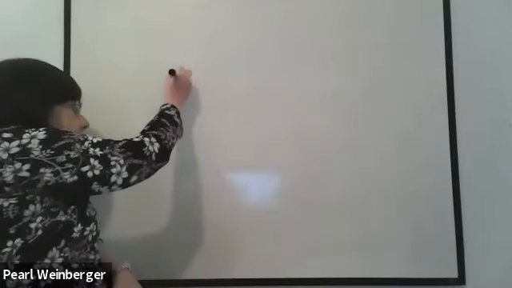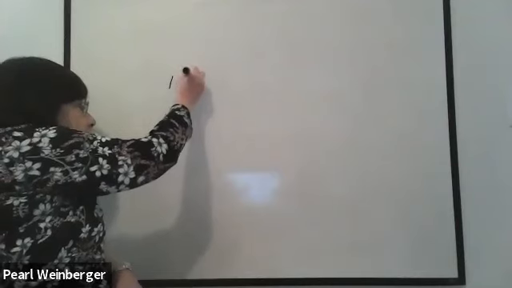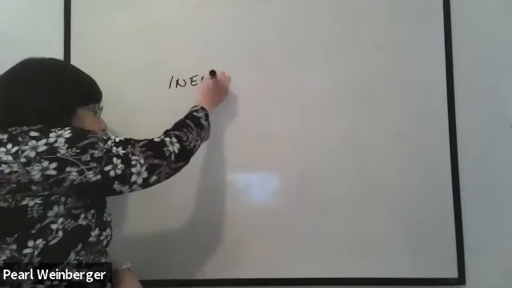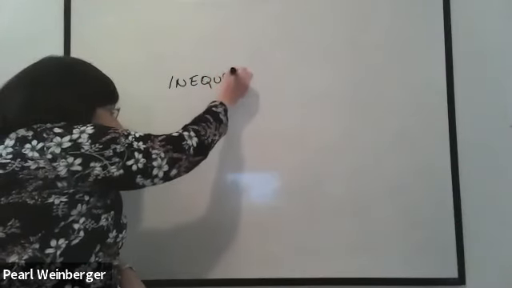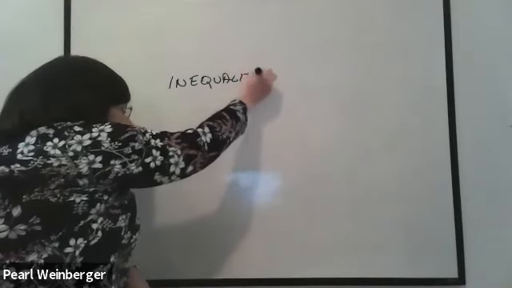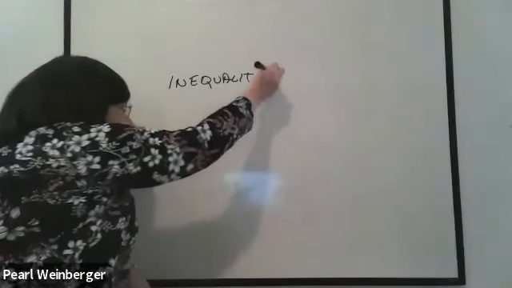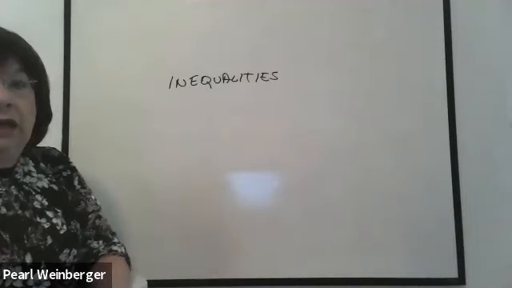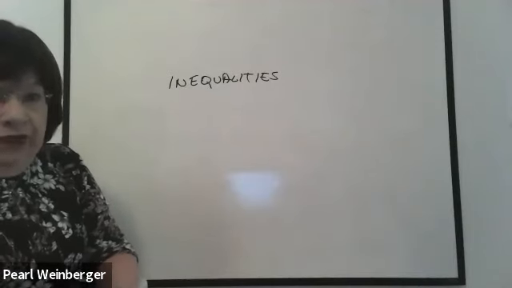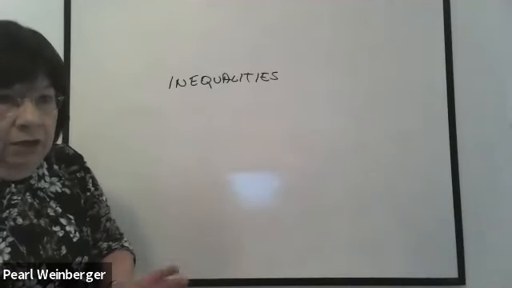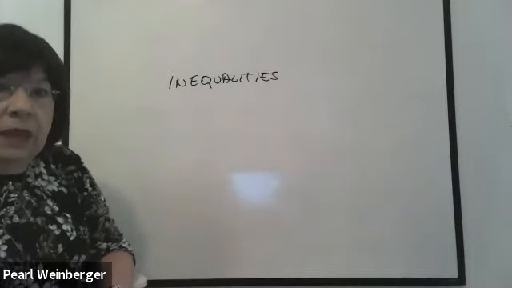So our next topic that we're going to be talking about is going to be inequality. And I'm just introducing it in terms of, I want to introduce what the symbols look like and how it affects the look on the number line.